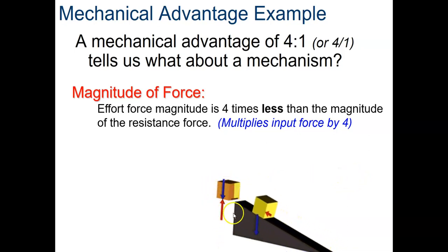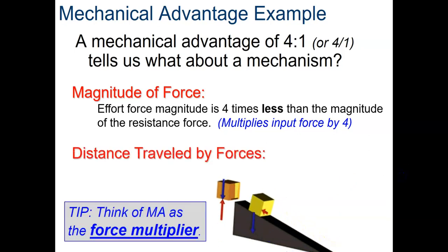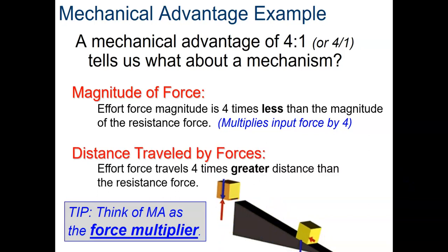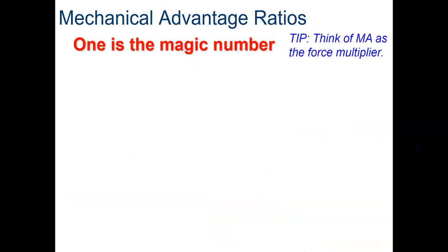Meaning, if I had a box that was 4 pounds, if I use a ramp with a 4-to-1, then I only need to put 1 pound of effort to make that thing move, right? Think of it as like magnifying the effort force. On the flip side, your distance goes up. So if my force goes down, I have to push it 4 times greater than what I would normally.